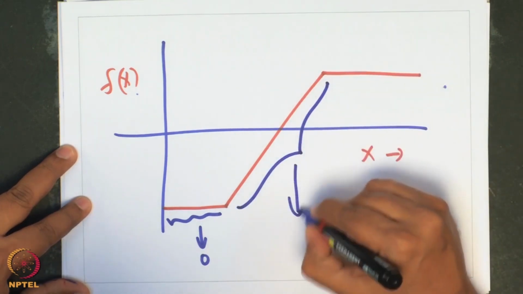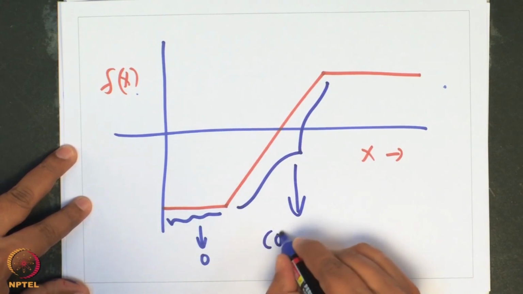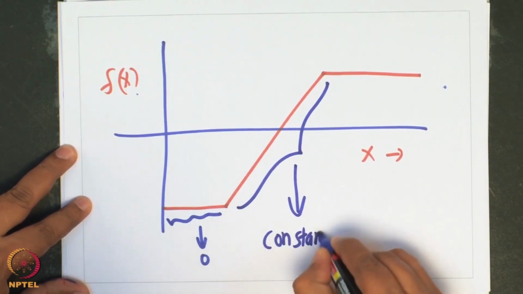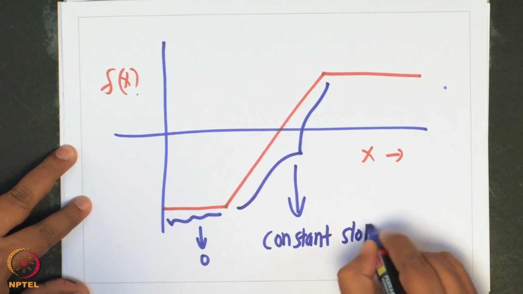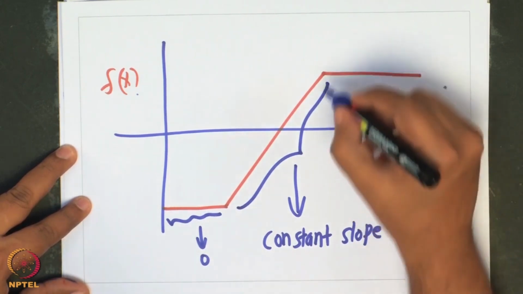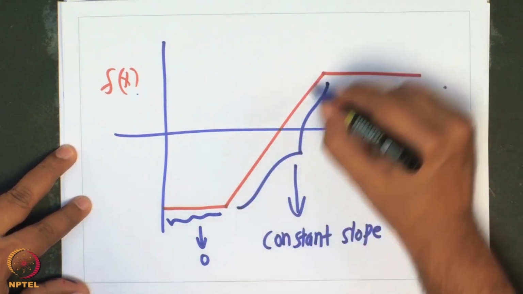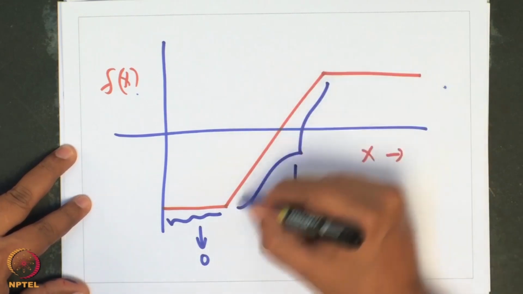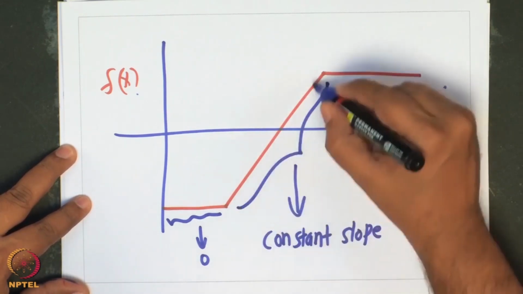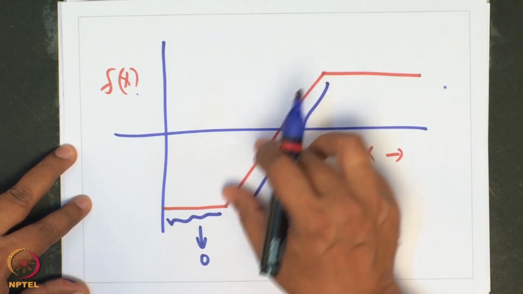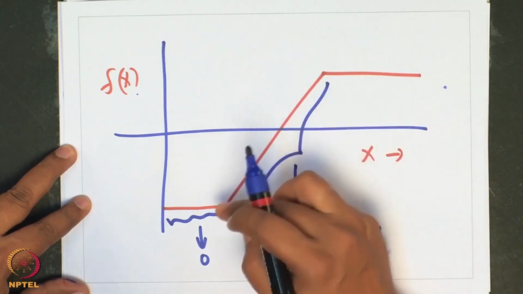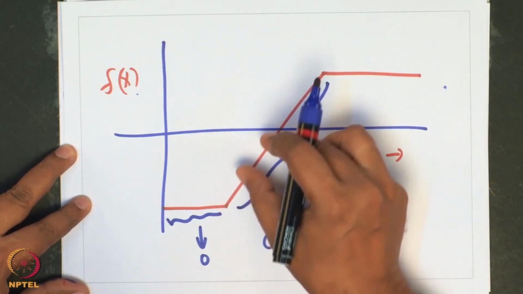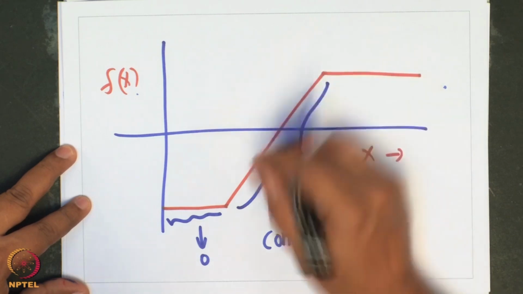This part will have a derivative with a constant slope. It is like y equals mx plus c. So, this will have a derivative m, which is the same everywhere, like here or here or here. If you take a straight line, the slope here is the same as the slope here, which is the same as the slope here.